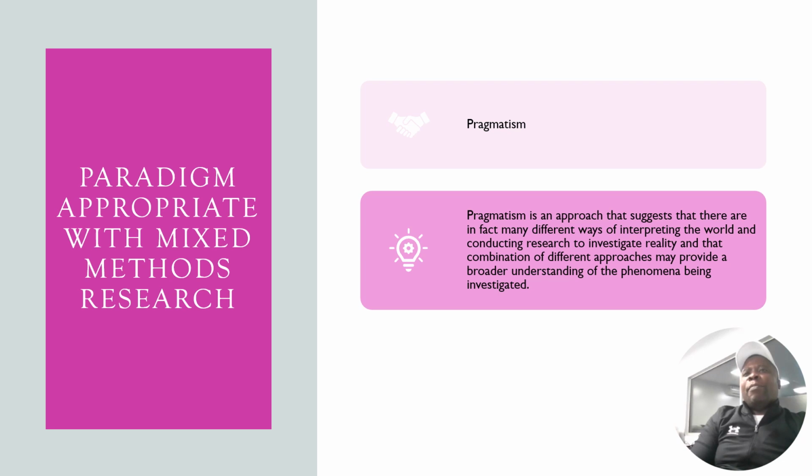Pragmatism suggests that there are different ways of seeing or interpreting the world, different ways of investigating reality. So if you want to use mixed method, don't waste time looking for another paradigm. Just go straight away and start reading about pragmatism.